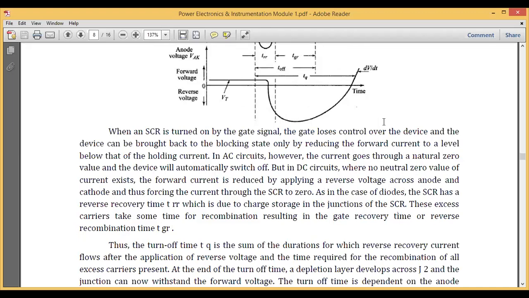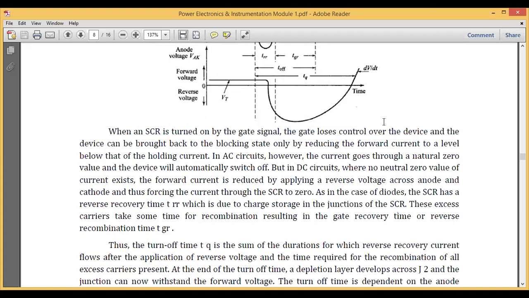Frequency is the number of cycles per second, and each cycle either goes to its maximum value or comes back to zero. Based on reaching the maximum and zero values, you can turn your devices on and off. But with a DC supply this is not possible, because it does not have any frequency component; it is just a straight line.